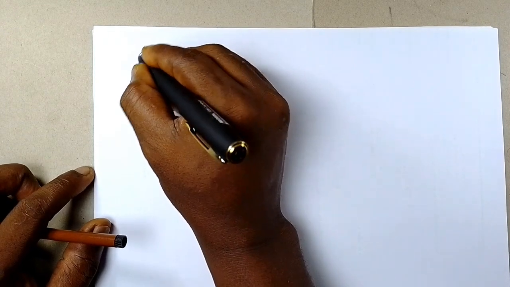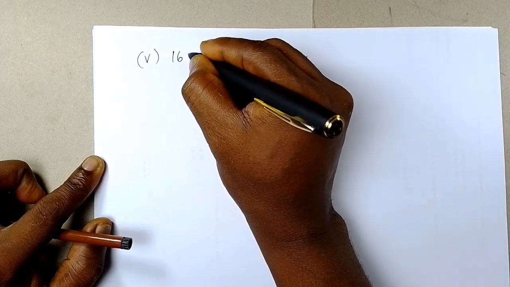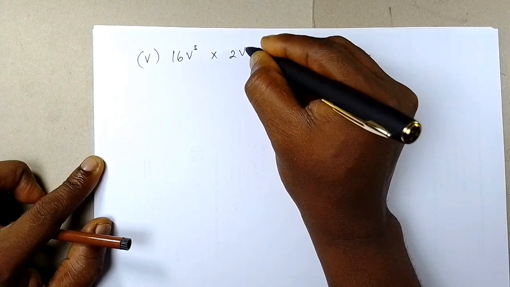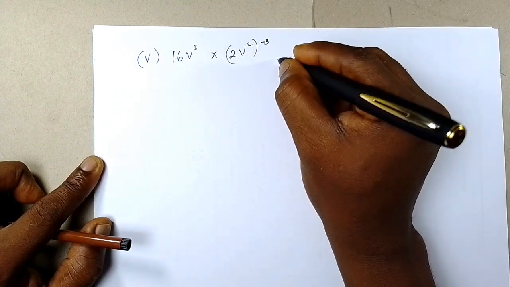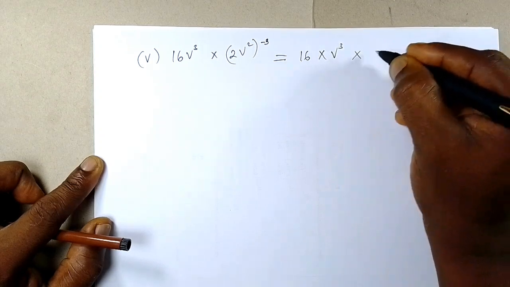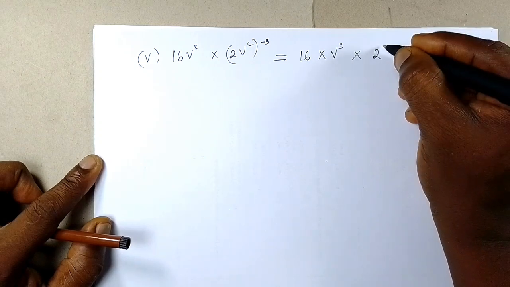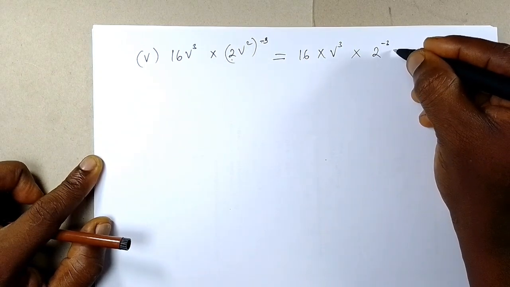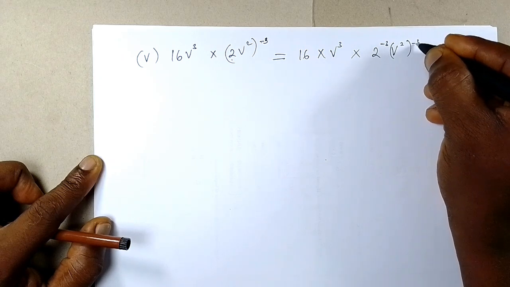Let's go to number 5. For number 5, we have 16 v cubed times 2 v squared all raised to the power minus 3. Now that will give you 16 times v cubed times, if you apply the law of shared powers here, 2 raised to the power minus 3, with the power carried outside, and v squared raised to the power minus 3.